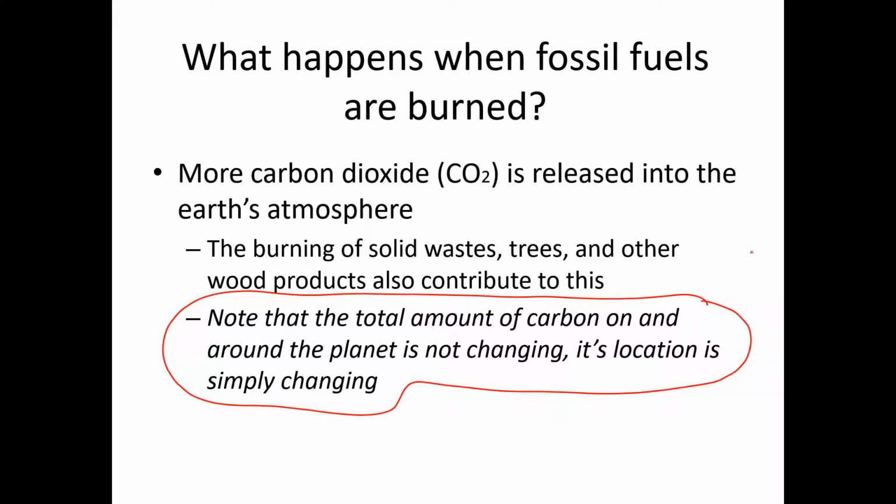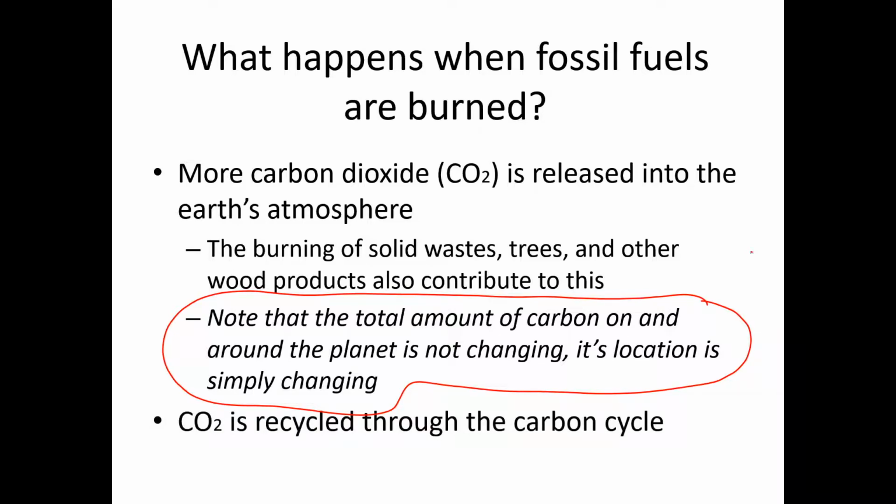It's just that we're moving carbon that was in that coal underground, or that was in that tree, and releasing that carbon into the air. So it's moving around and recycling carbon and carbon dioxide throughout this carbon cycle. It's a continuous circular process going on.